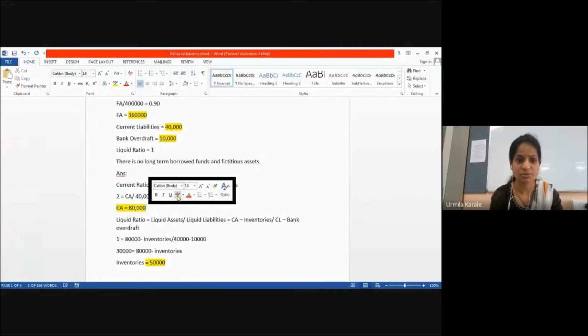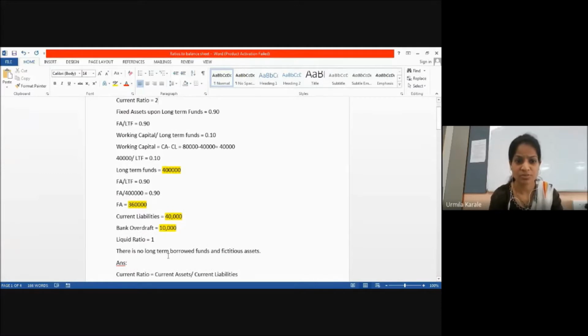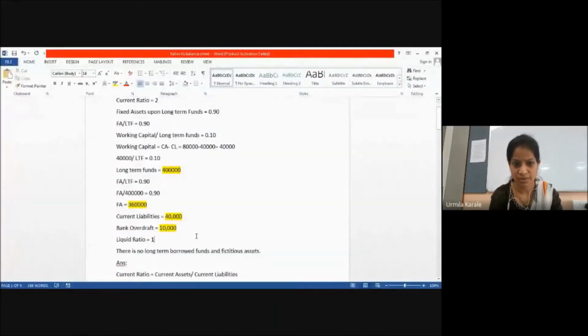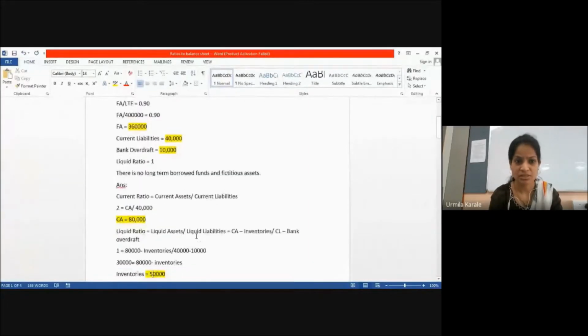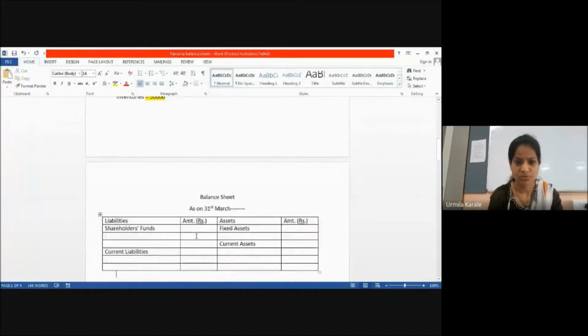All these amounts we are going to put in the format. Let's start: long-term funds means your shareholders funds, and that amounts to 4 lakh, and fixed assets 3,60,000. So this is 4 lakh.